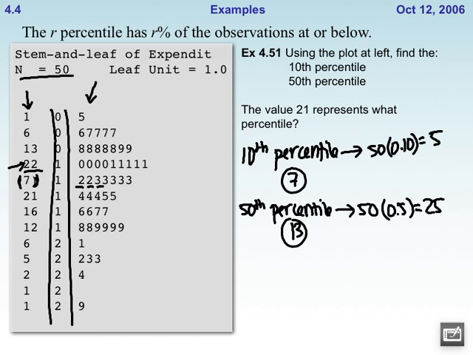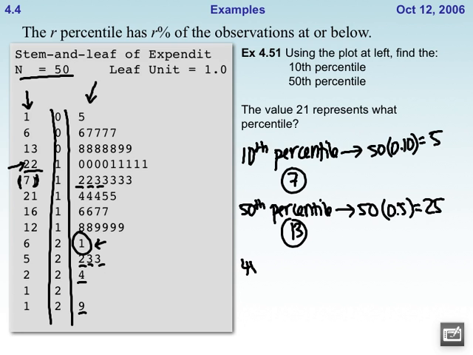And then lastly, the value 21 represents what percentile? So that number right there. What percentile is that? So the first thing we got to figure out is what observation is that. Don't count from the beginning. Let's be smart. Count from the end. So this is 50, 49, 48, 47, 46, 45. That's the 45th observation.